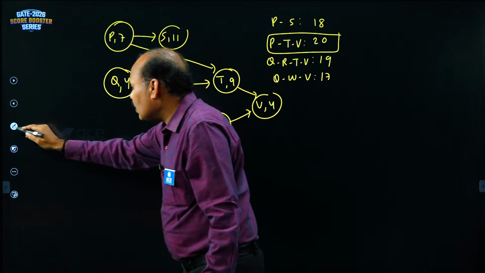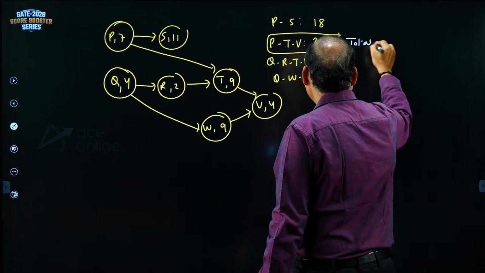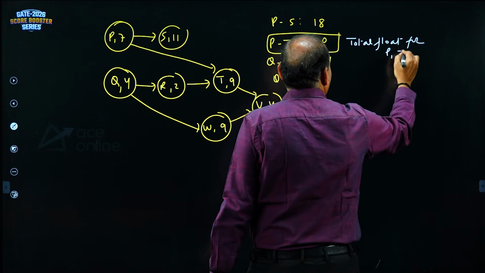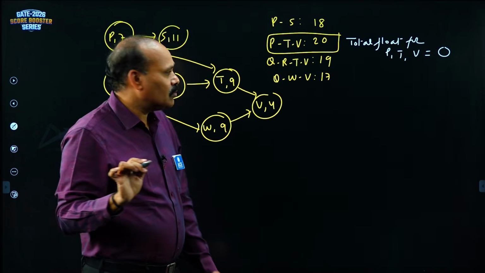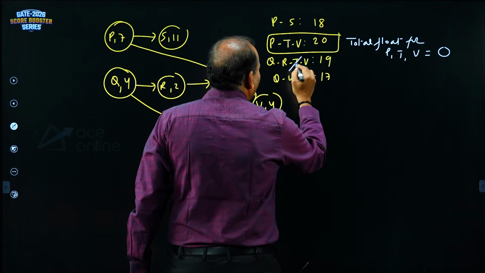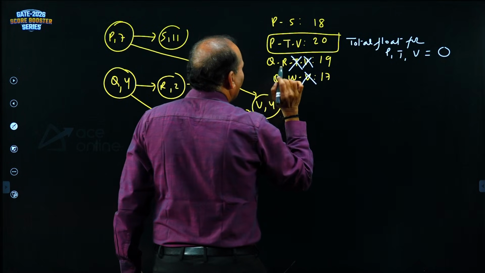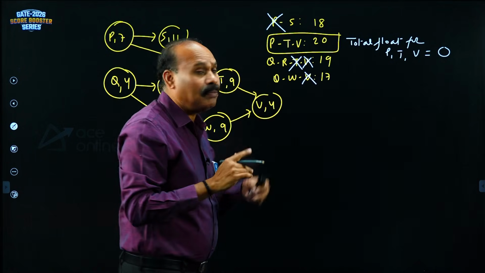So simply we can write the total float for PTV as 0. So wherever PTV appears in the remaining paths, you cancel them. T is already over, V is already over, P is already completed. So delete them in the remaining paths.